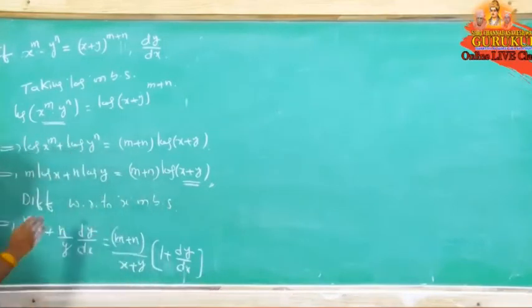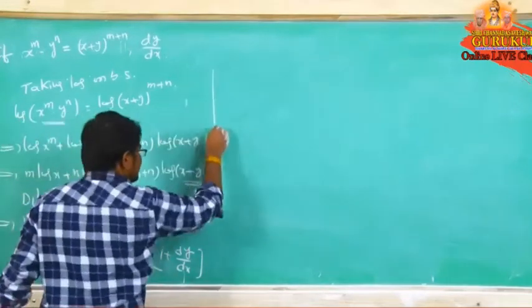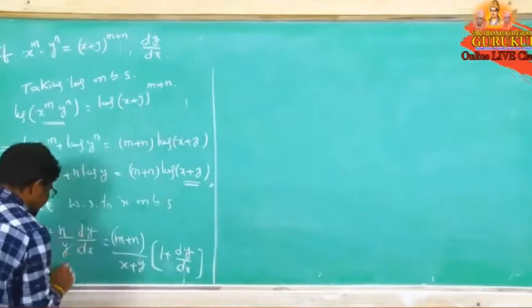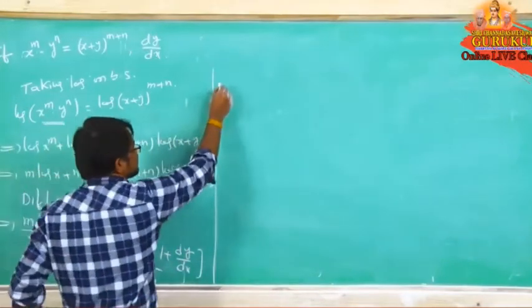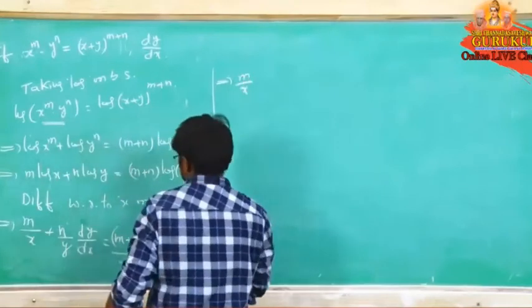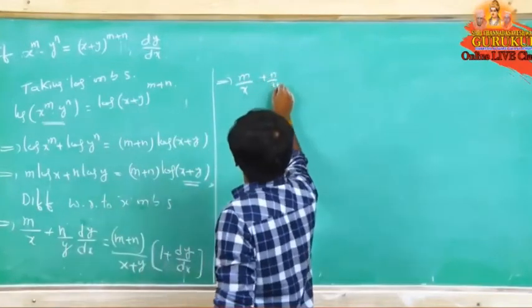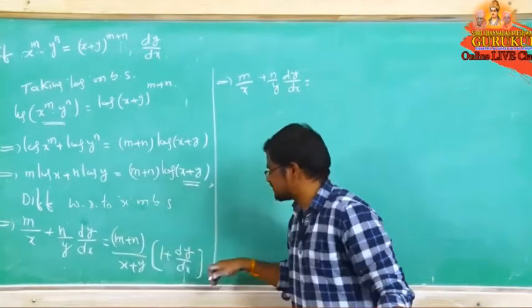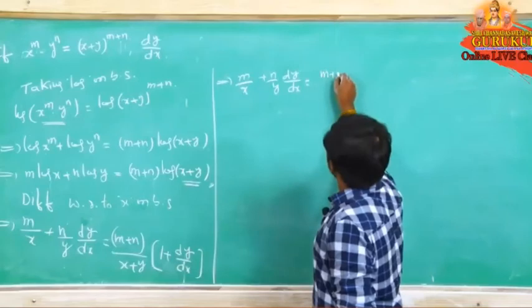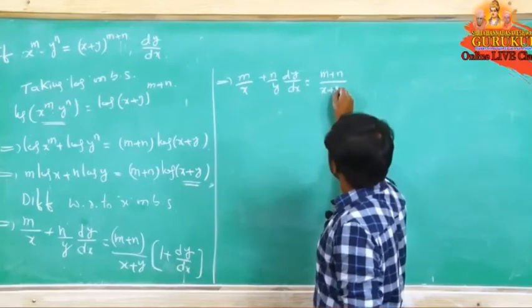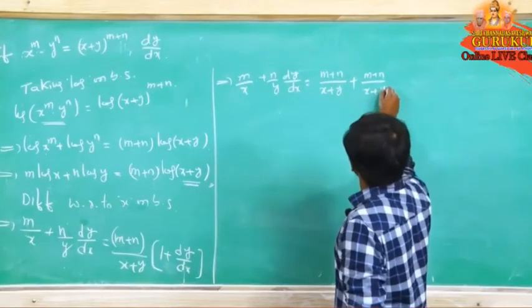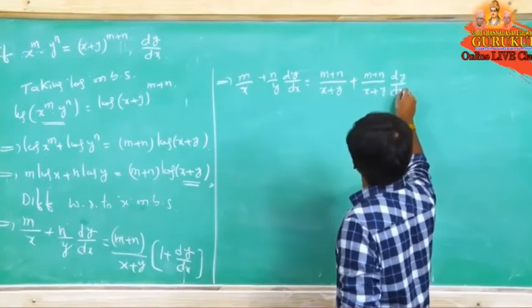Now from this one we have to take dy by dx. And now, n by y dy by dx, okay, one more step extra I will write: m by x plus n by y dy by dx equals, here multiply these two, m plus n by x plus y plus m plus n by x plus y dy by dx.